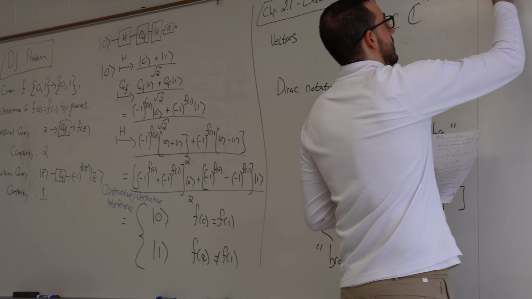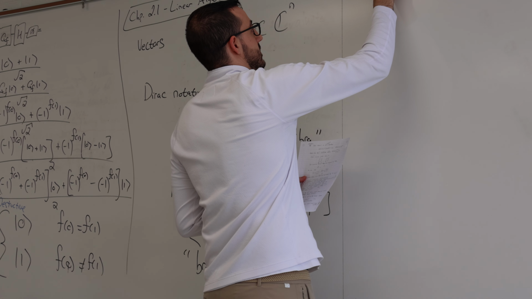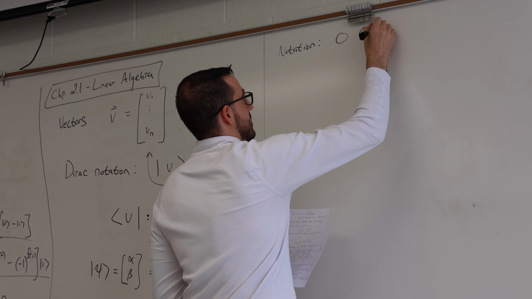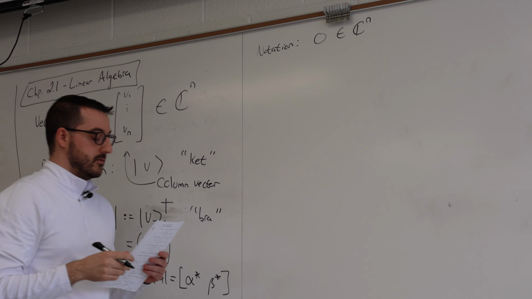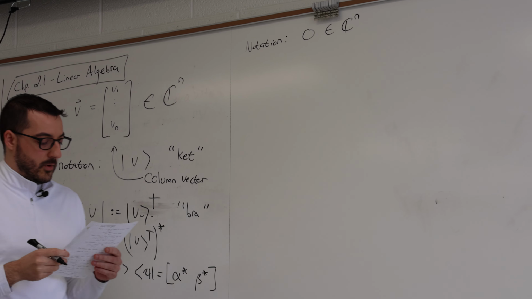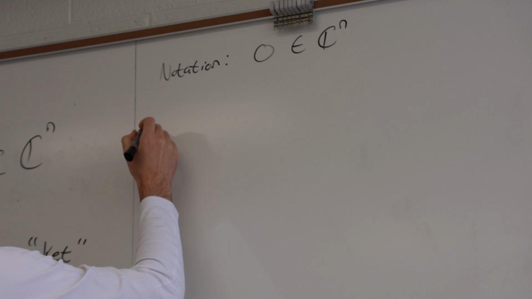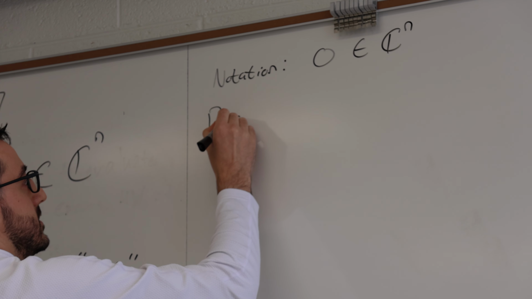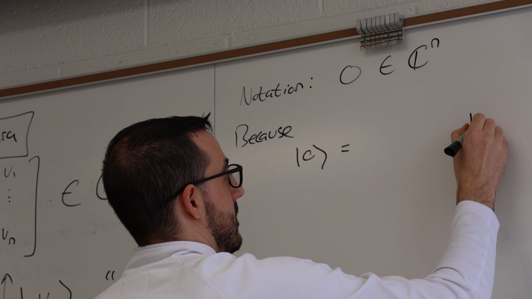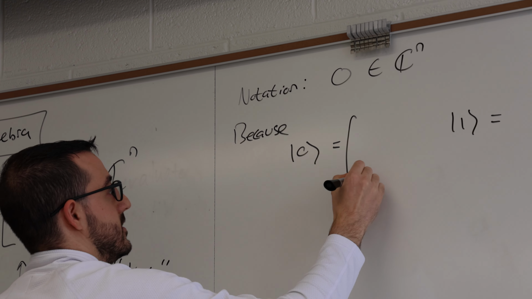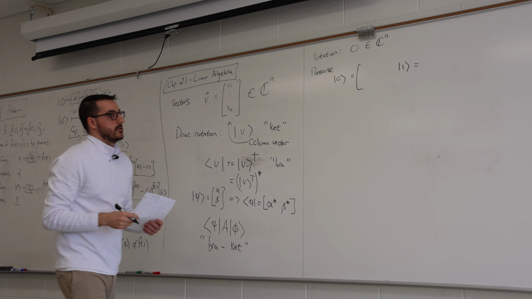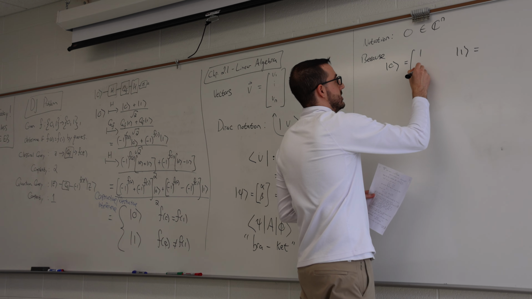Now we'll have the following notation for the zero vector. It's just going to be 0. This is going to be the n-element vector which is all zeros. Why are we going to do this? Because we want to use ket 0 for something else and ket 1 for something else. Ket 0, which appeared in the Deutsch-Jozsa algorithm, is going to be the two-element vector 1, 0.